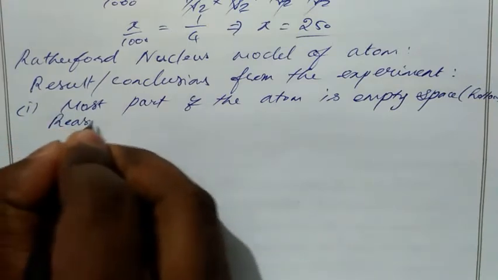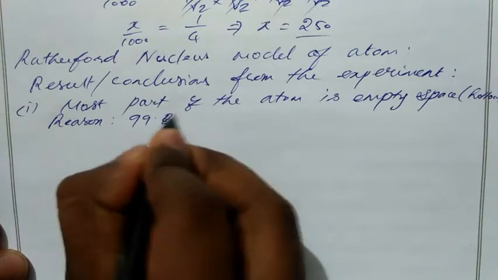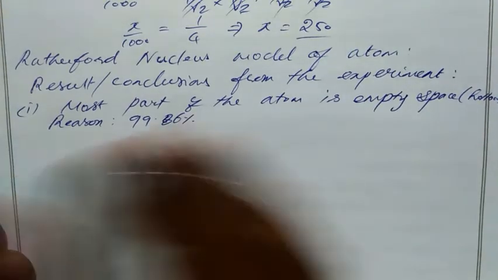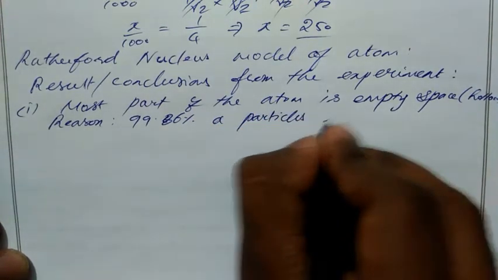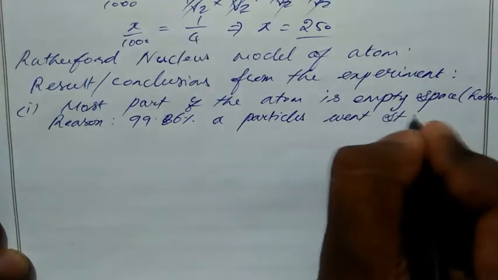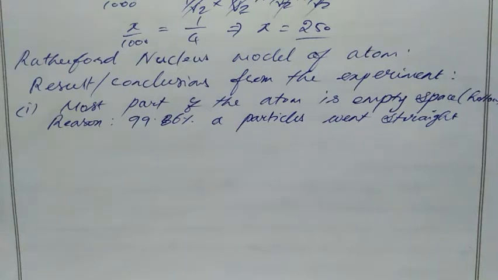The reason is 99.86%, almost all the alpha particles went straight, which moves undeviated. So which means there is nothing inside the atom except empty space. Most of the part of the atom is empty space.